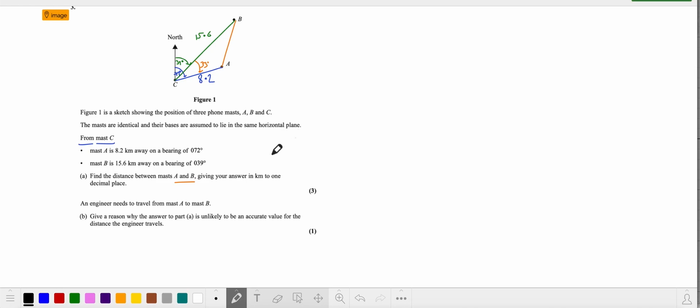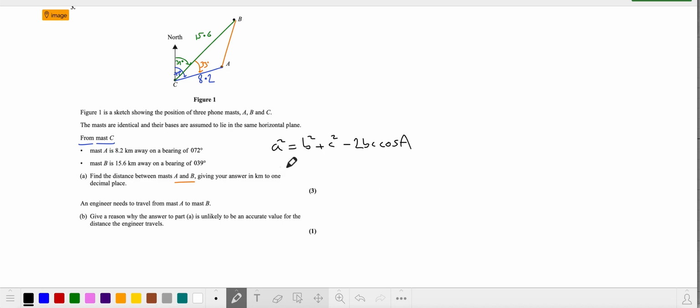Now we've got all of the information we need to use the cosine rule. Hopefully you remember it: a squared equals b squared plus c squared minus 2bc cos A, where b and c are the two side lengths we have been given, and A is the angle in between them.